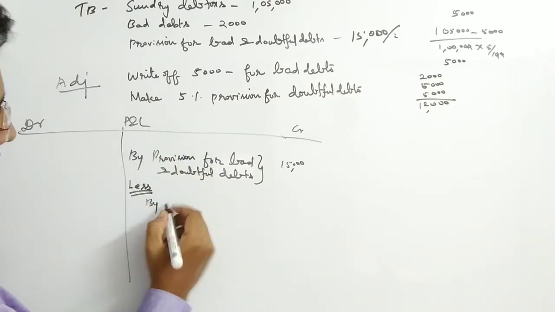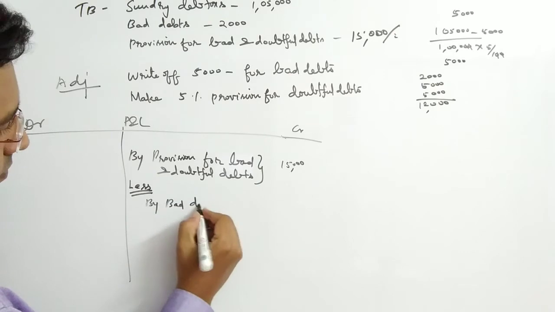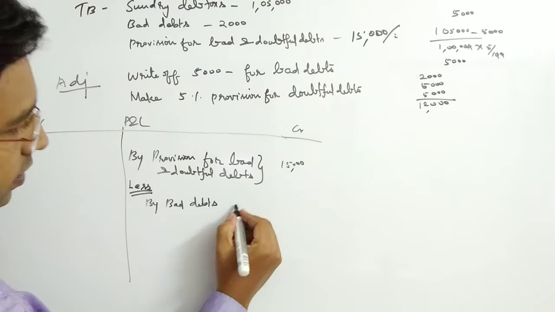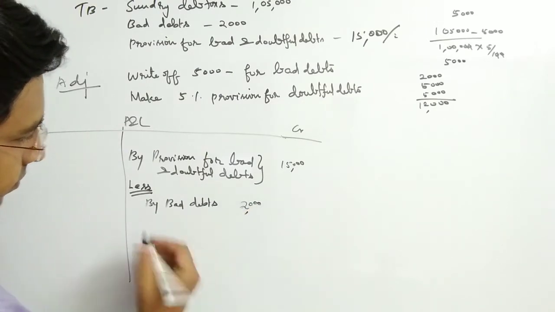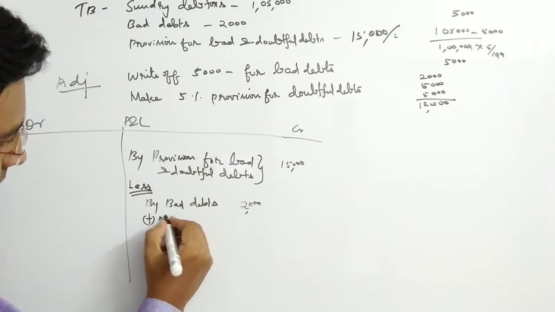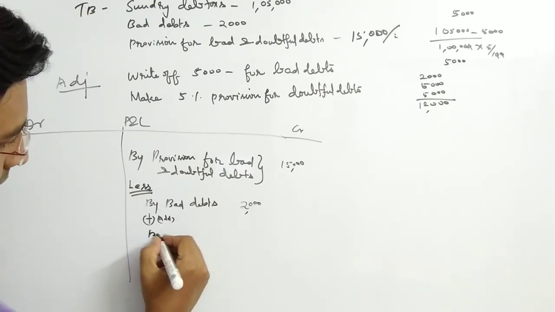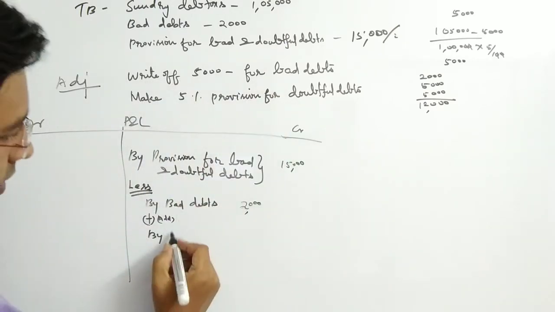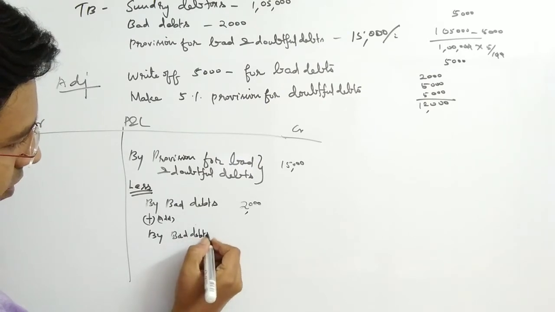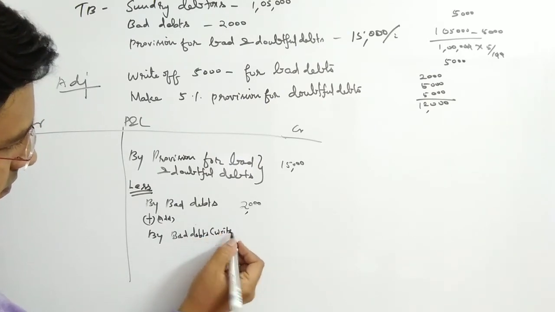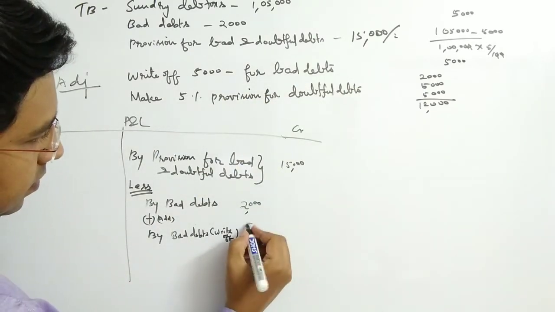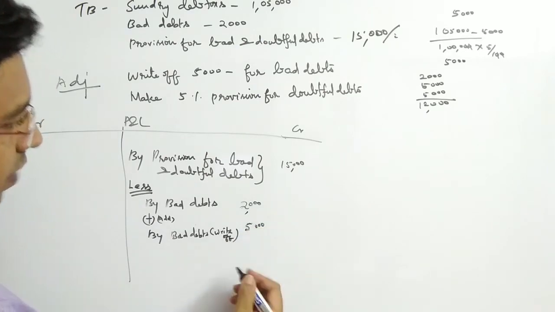So by bad debts, that is the trial balance bad debts value, how much? 2,000. Then here I'm adding the new write-off value, bad debts write-off, 5,000.